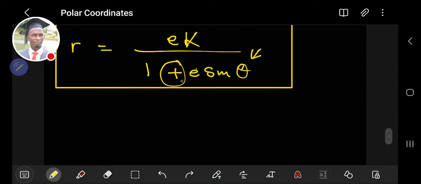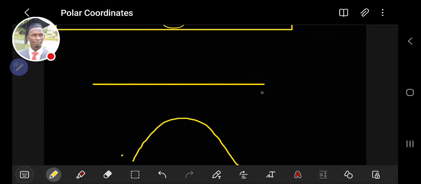Since this is positive, you expect this, first of all, to be on the y-axis, opening either up or down, but being positive, it will open downwards to the negative. So it will open something like this. You expect the directrix to be above that node. So this is what we expect.